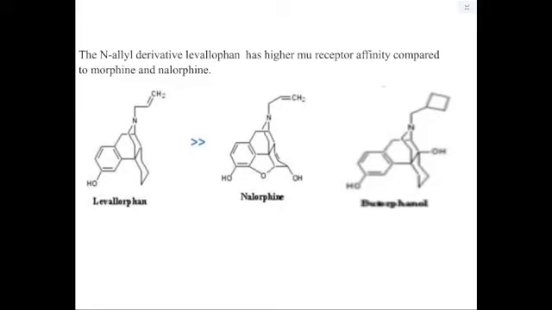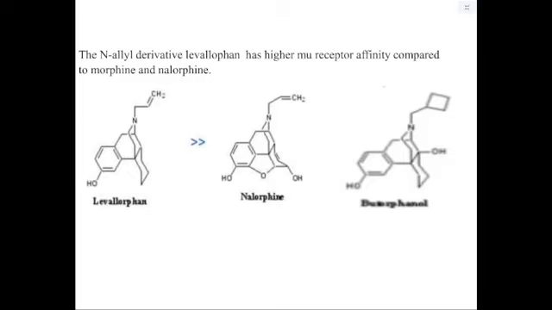So if you look at levallorphan, please note, it is a morphinan where this group is an allyl group. It has a double bond, CH2, CH2. It's an allyl group, just like in the pure antagonists.